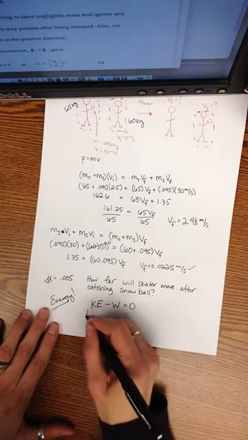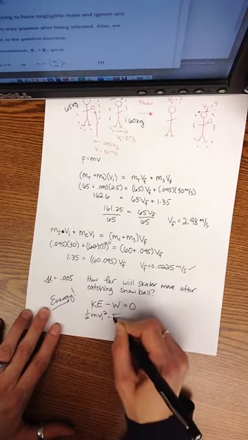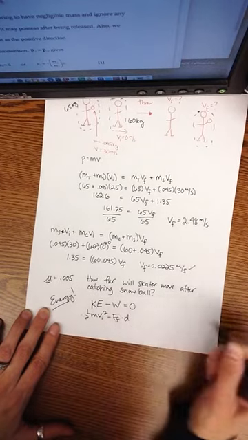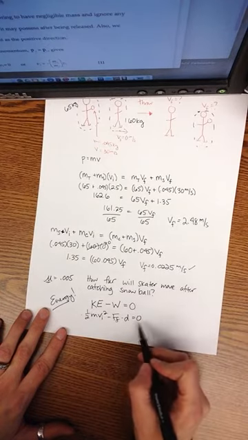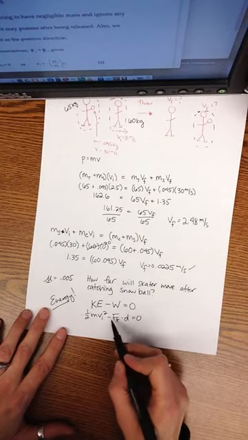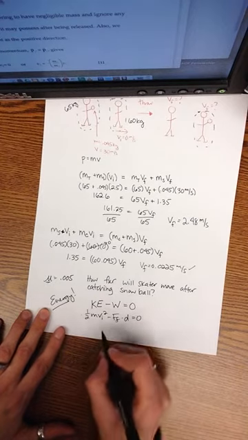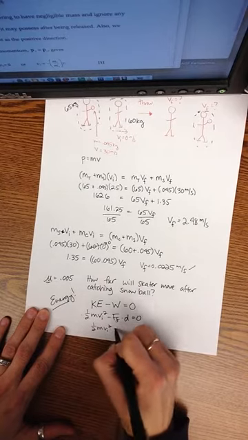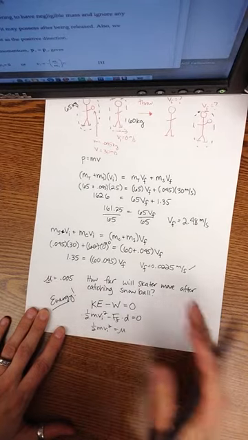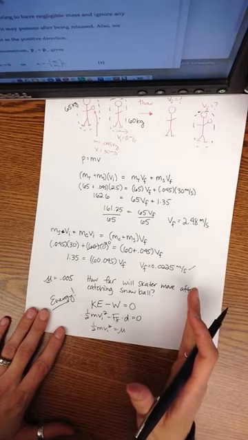So this ends up being 1/2 mv squared minus the force of friction times the distance, and that's what I want, and that equals 0. And because both of these equal 0, I can move the friction times d to the other side and not have to worry about this negative. So I get 1/2 mv initial squared equals mu, and because we're perpendicular to the surface, Fn is equal to mg.